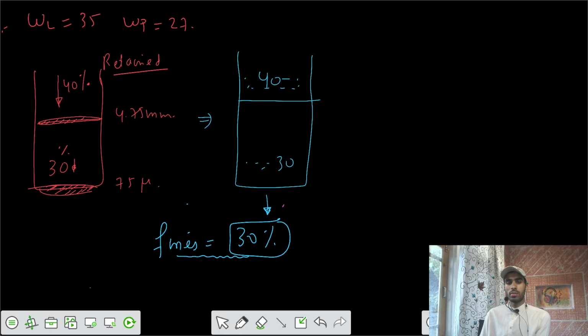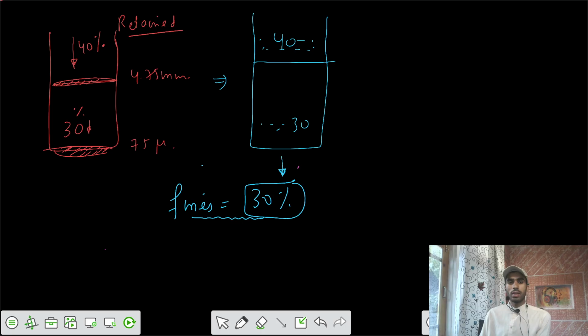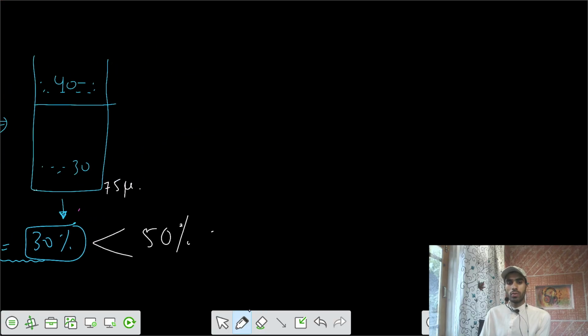This is less than 50%. If your percentage fineness is less than 50%, that means the soil is coarse grain soil. So from this we can say the soil is coarse grain soil.